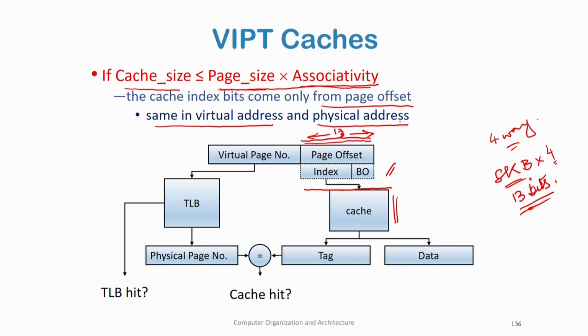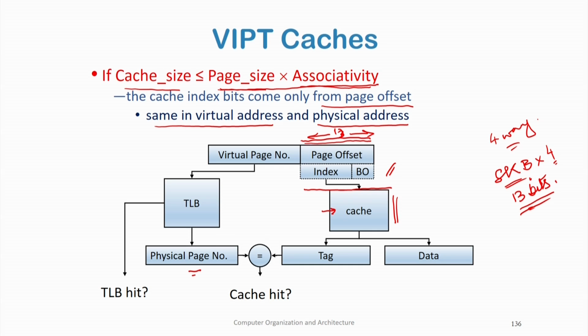Now, why is this not a problem? Because the page offset will tell me which set in the cache I need to go to, and then with the virtual page number, I will go to the TLB, I will get the physical page number, and then based on the page offset I have indexed the cache. So, the page offset plus physical page number then tells me my data.